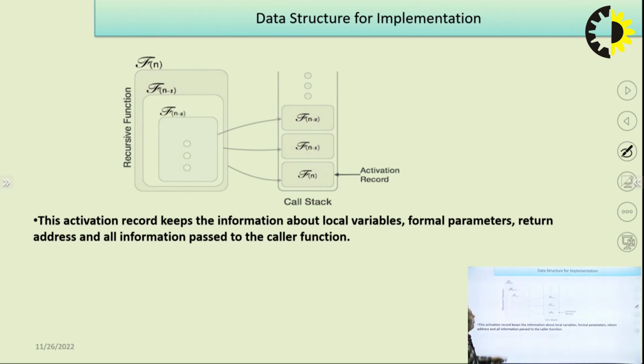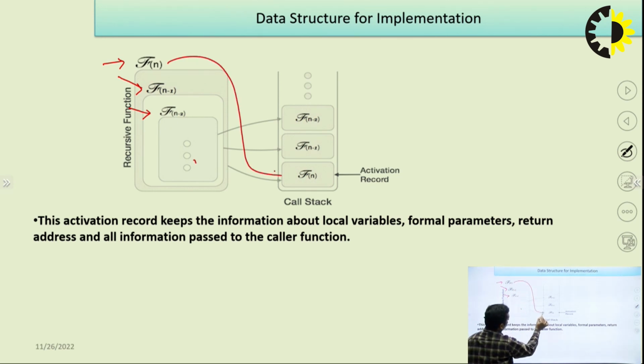Now, different recursive calls: function n, and another recursive call here, fact n minus 1. This will call another call, fact n minus 2, approaching the base case, and so on. So for the first call, an activation record is created. In the activation record, there are various parameters associated with this particular function. Which type of information?